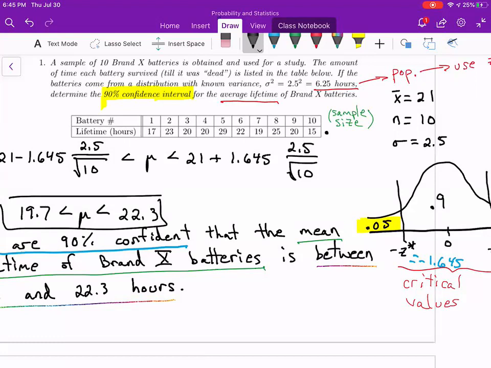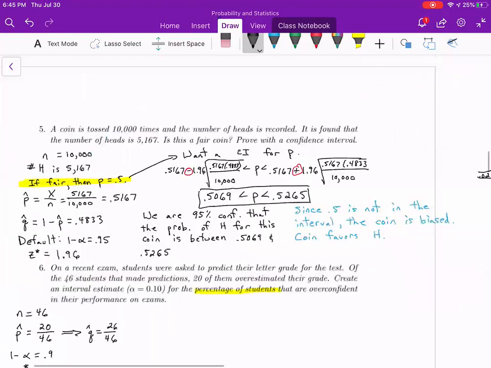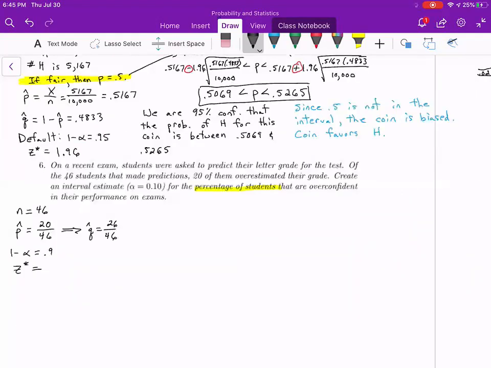Good, Alvin. Yeah, it is labeled in the bottom right of this slide that I've got up. So 1.645. So we have the same critical value. So that's 1.645.